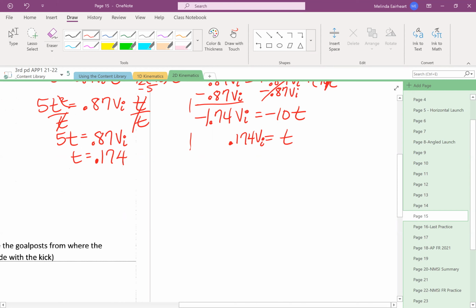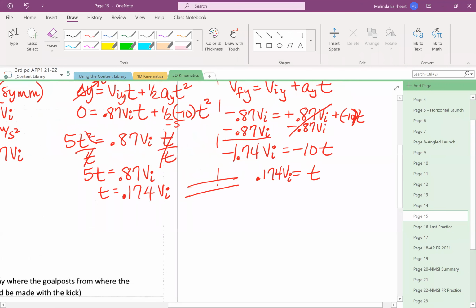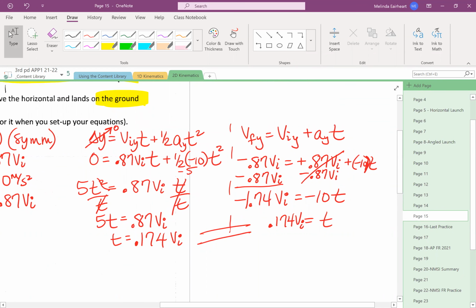Okay, so it comes out exactly the same. Okay, and so these are two different ways to find time in the vertical for symmetrical problems. So you can use the first equation if you recognize the negative final velocity is equal to the initial velocity vector, or you can do that delta y equals 0 with the second equation.